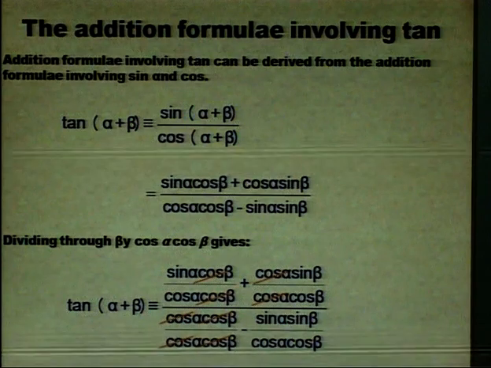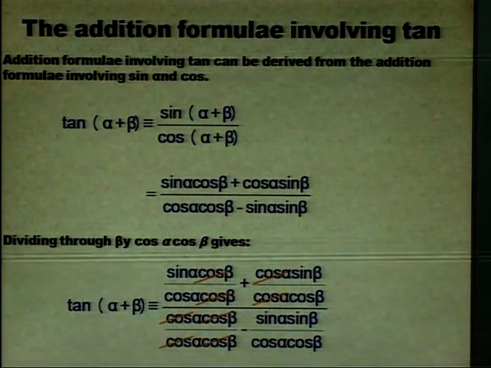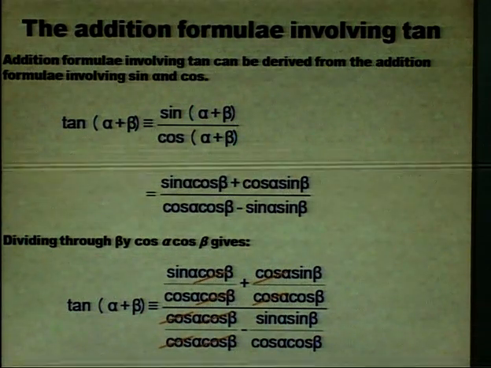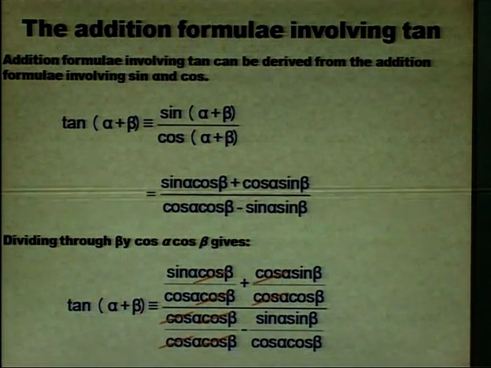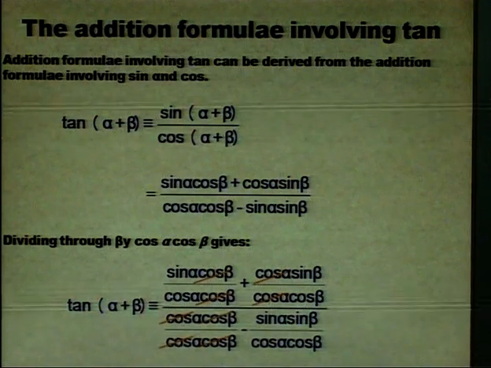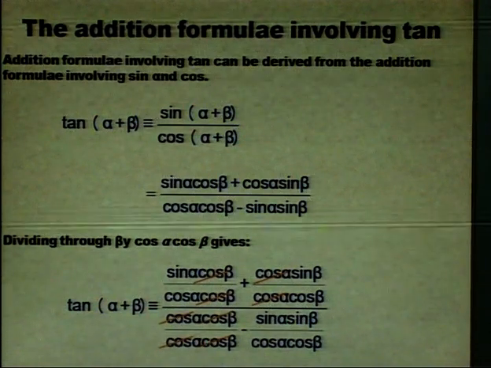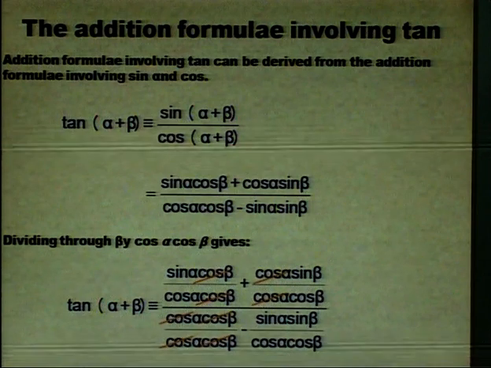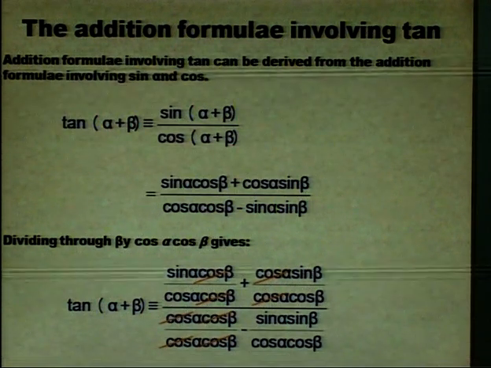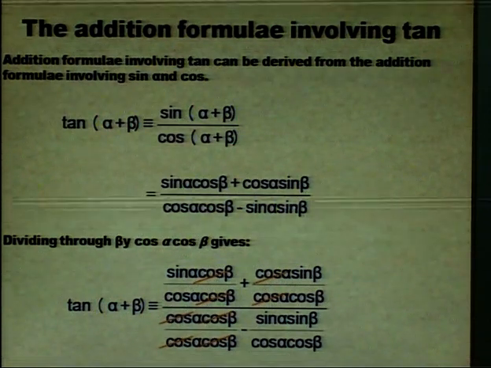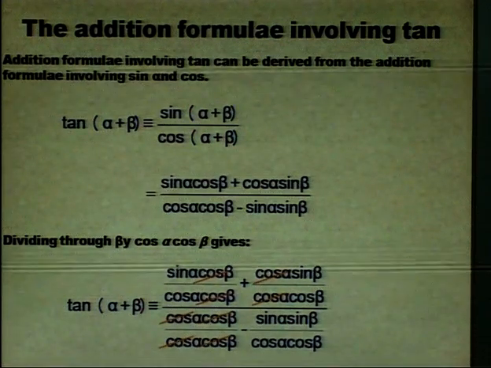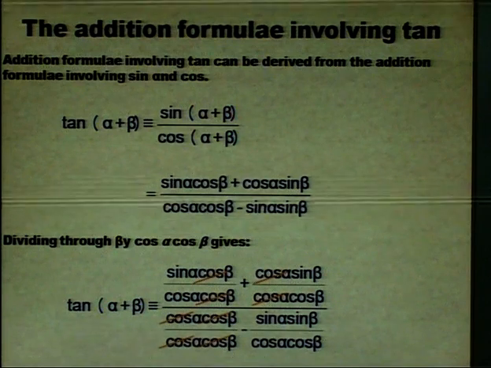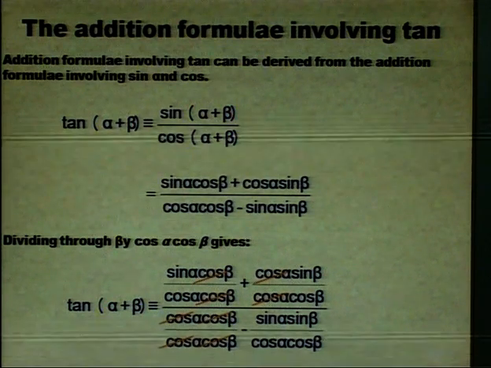So, if I divide numerator and denominator by cos alpha cos beta, then of course I get tan of alpha plus beta is sin alpha cos beta upon cos alpha cos beta plus cos alpha sin beta upon cos alpha cos beta, divided by cos alpha cos beta upon cos alpha cos beta minus sin alpha sin beta upon cos alpha cos beta.